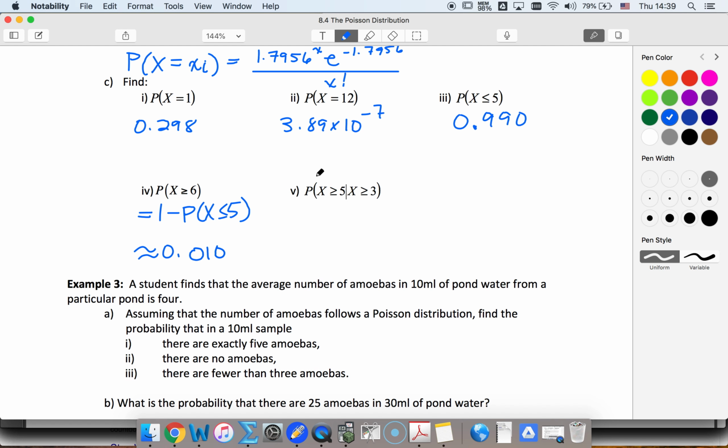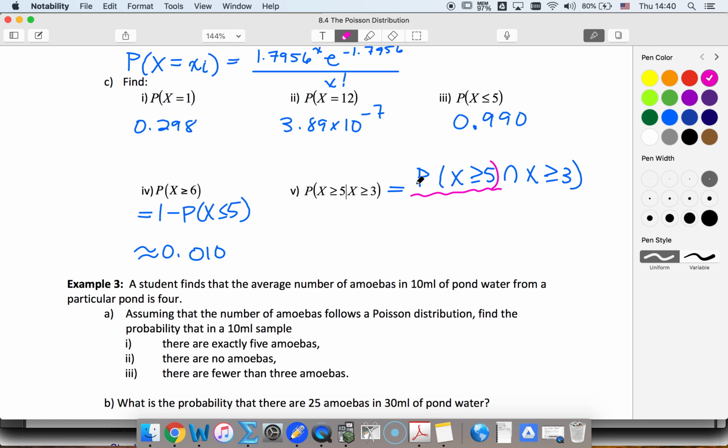All right, now greater than or equal to 5, given greater than or equal to 3. Well, if I think about my probability formula, that's going to be x greater than or equal to 5 intersect x greater than or equal to 3. Well, anything greater than or equal to 5 is also greater than or equal to 3. So really, this is the same as just saying probability that x is greater than or equal to 5.